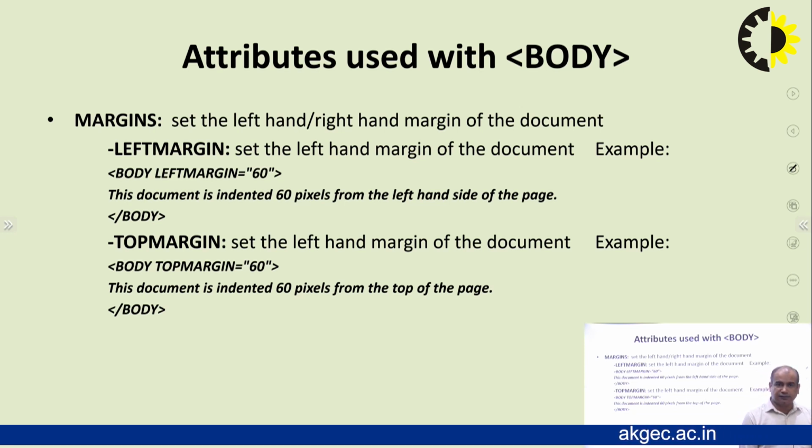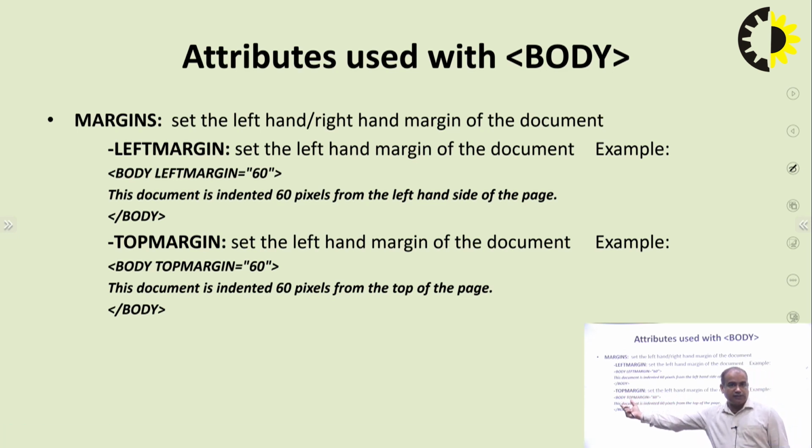Once I supply this value, the document is indented 60 pixels from the left-hand side of the page. So a 60 pixel gap will be created between the left edge and the text.